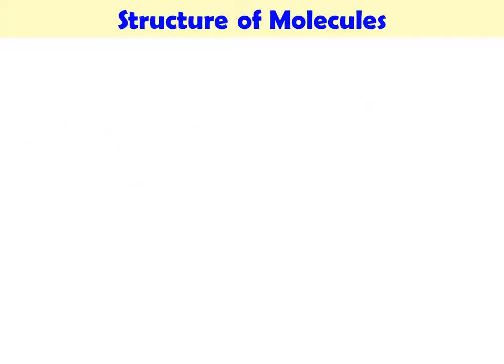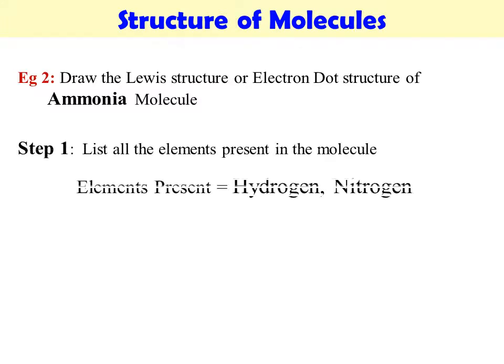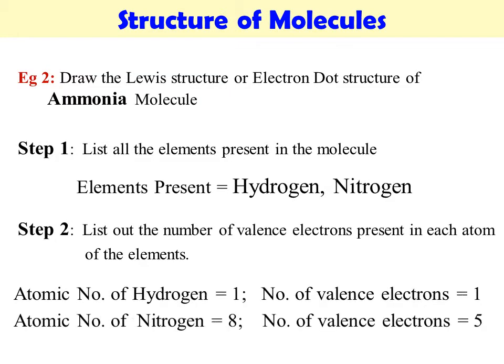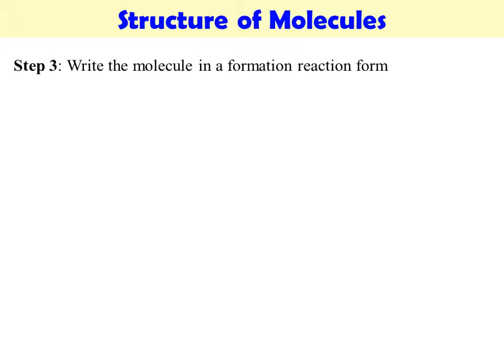Let us consider an ammonia molecule. The elements present are hydrogen and nitrogen, with hydrogen having 1 valence electron and nitrogen 5. Remember, nitrogen has atomic number 7, with electronic distribution 2, 5, so 5 valence electrons.